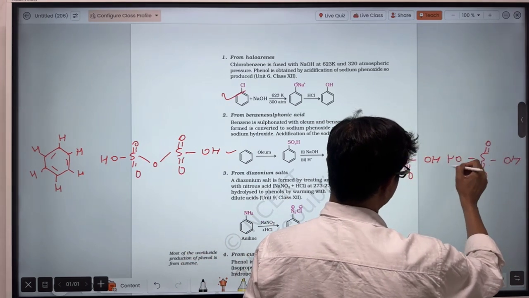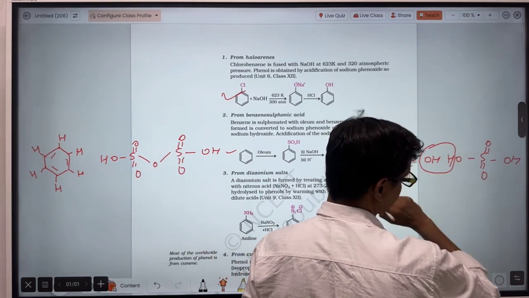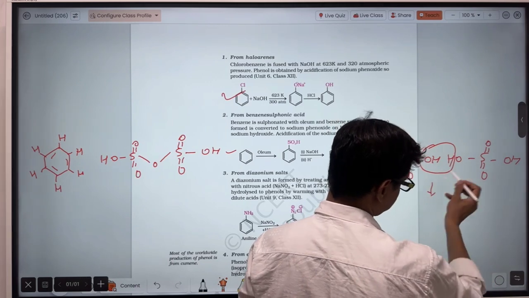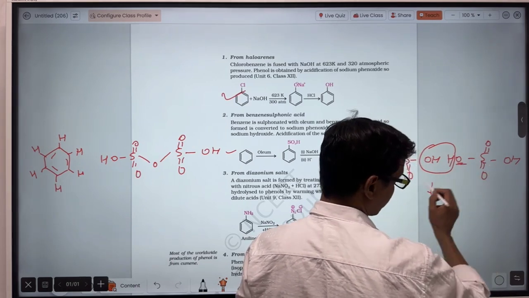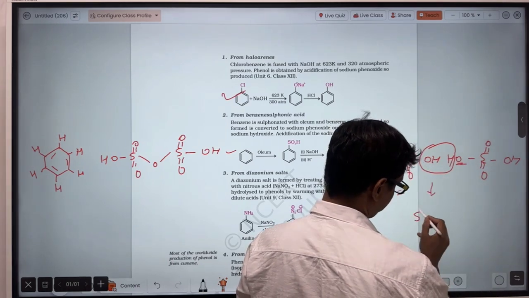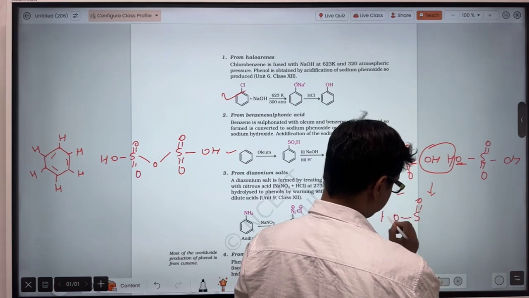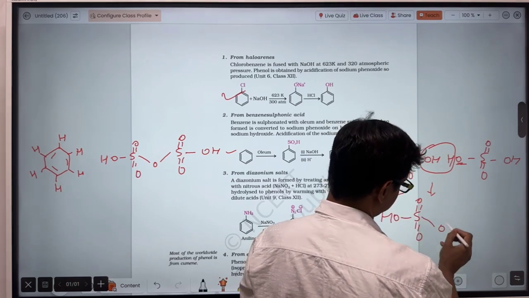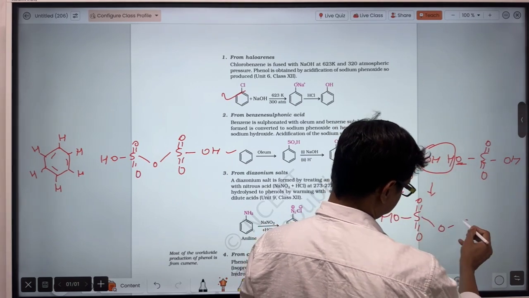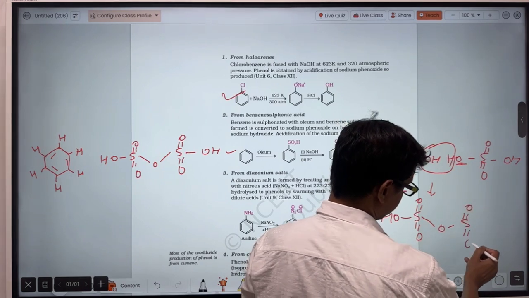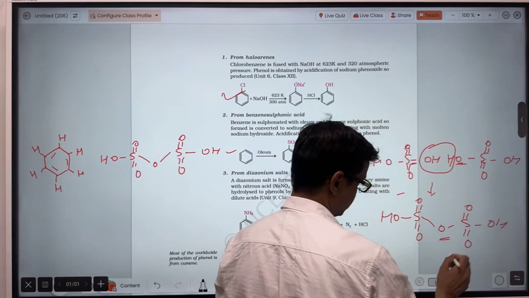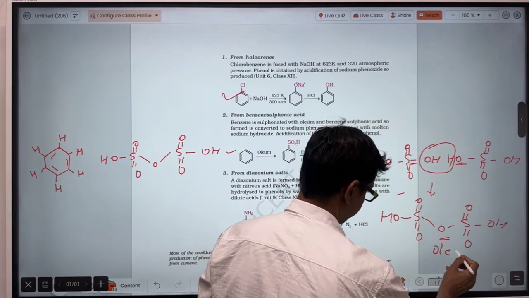When there is a condensation reaction between both of them, through this oxygen, this sulfur already bonded, this sulfur will also get bonded. So in oleum, this HSO3 and this SO2 will be bonded through this oxygen. That is oleum.